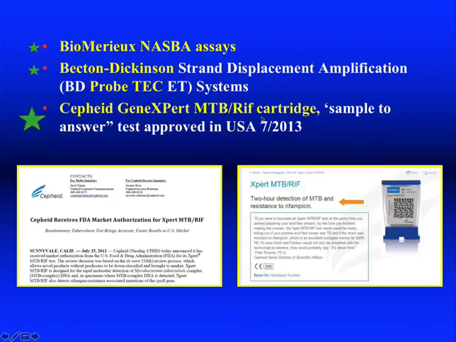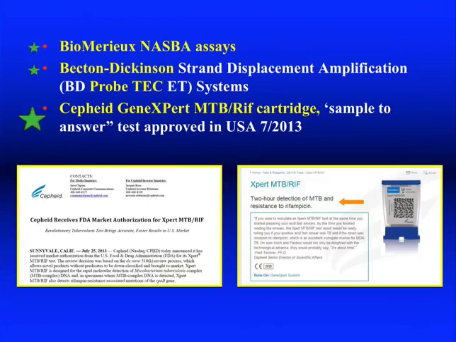This is a sample to answer generation where you don't extract nucleic acid from a clinical sample and put purified nucleic acid in. You put in the clinical sample, the sputum or the BAL. So that for a boonies type of laboratory was a godsend.